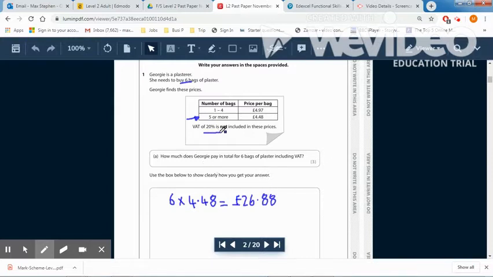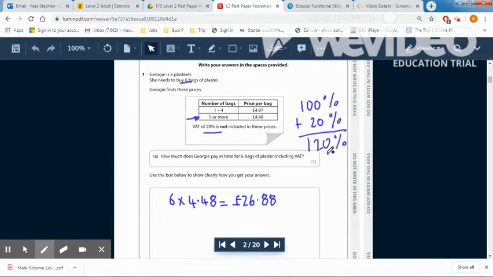But this does not include the 20% VAT, so we need to find 20% and then add it on. If this is a calculator paper, what we can simply type into our calculator is a multiplier. We're going to add on the 20%. Our eventual price is 100% plus 20%, so our total price at the end is going to be 120%.